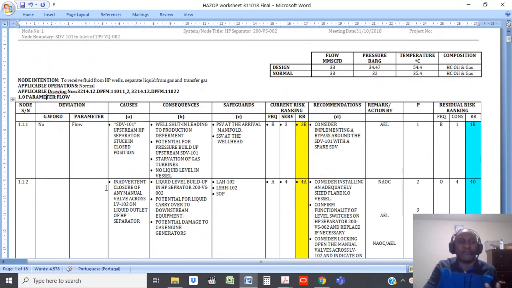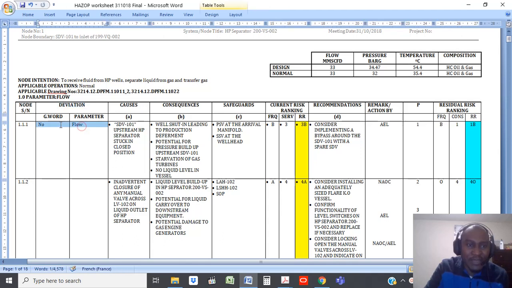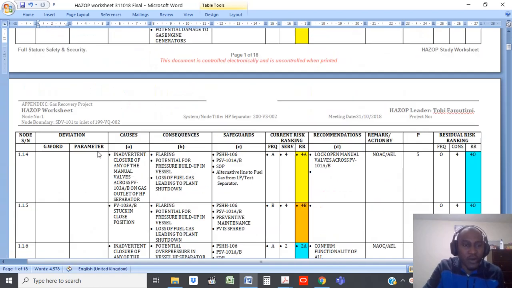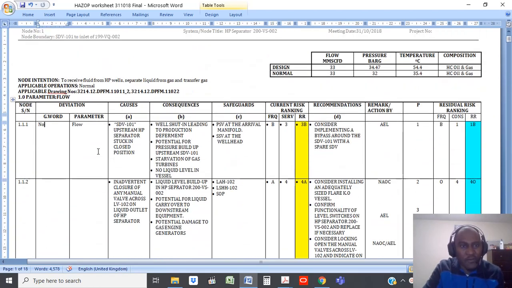So the way the words are formed, the process is supposed to operate in the normal way it's supposed to operate. So you look at the deviation, which would be a combination of the parameter and the guide word. So a deviation could be no flow. That's no flow from what is intended.